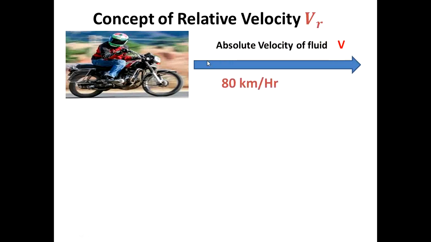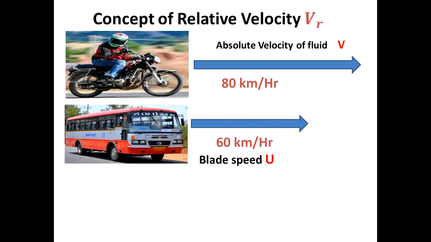Concept of relative velocity. One of your friends is coming on a motorbike at 80 km/h. His father gave him a new bike, that's why he is coming at 80 km/h. But he is looking at the back, because our KSRTC bus is coming at 60 km/h. You may say, sir, KSRTC buses also come at 80.